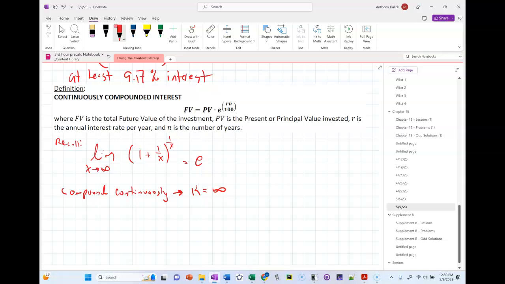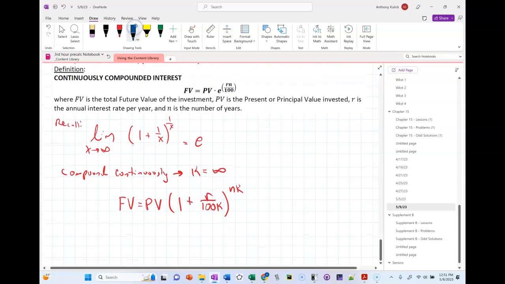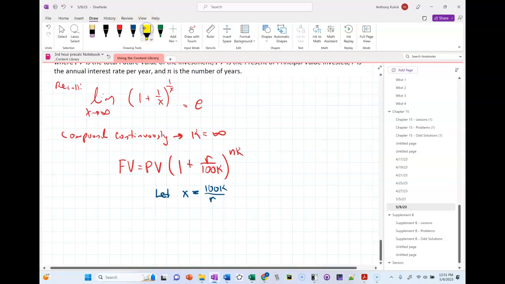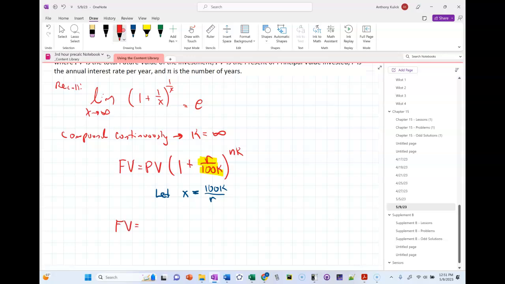So if I take my compound interest formula, and I do a little rearranging, and if we say let x equal 100k over r, I can see that this piece is going to turn into like 1 over x, right? And what I need to do is find a way to rewrite this nk so that it has a 100k over r in the exponent. So I'm just going to multiply that by the k by 100 over r.